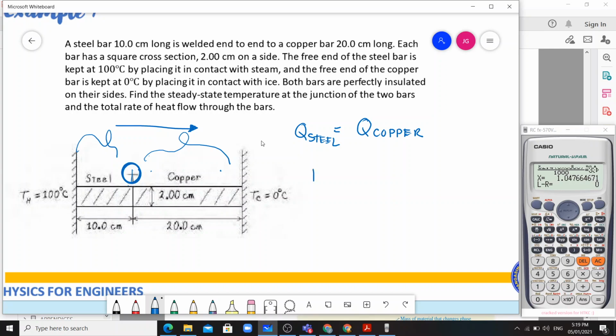So, K of steel times A delta T over X is equal to K of copper times A delta T over X. So, the K of steel, let's look for it.